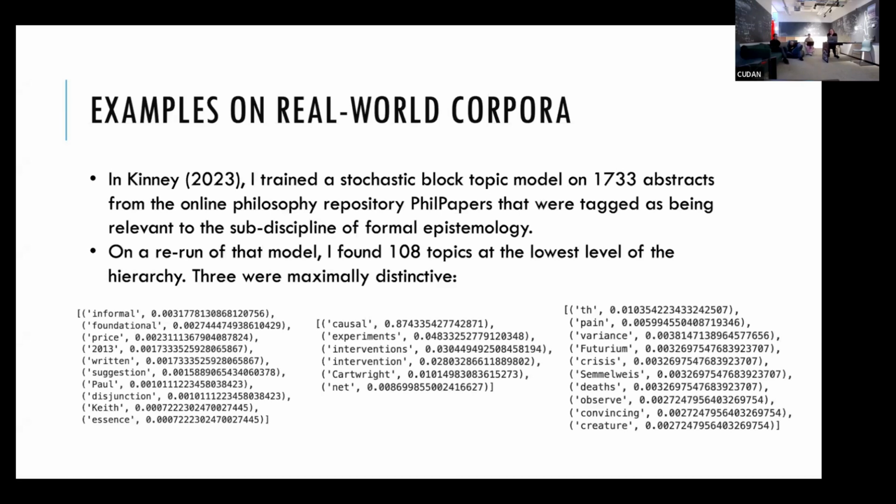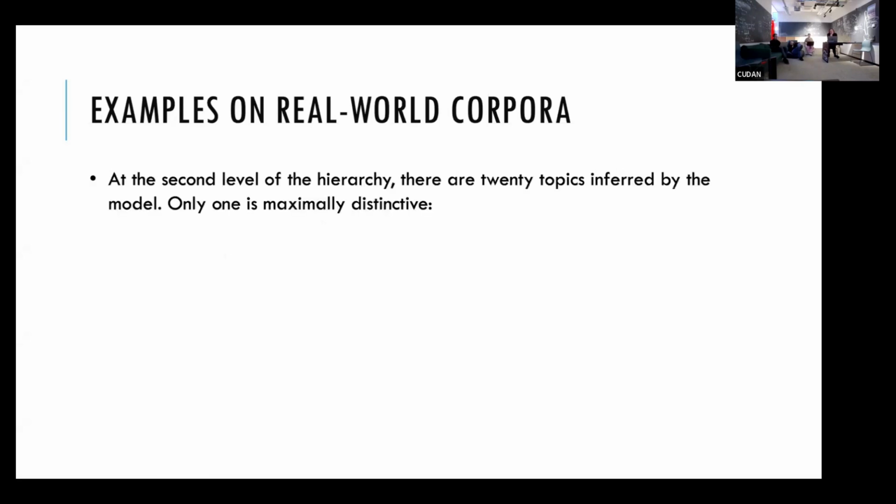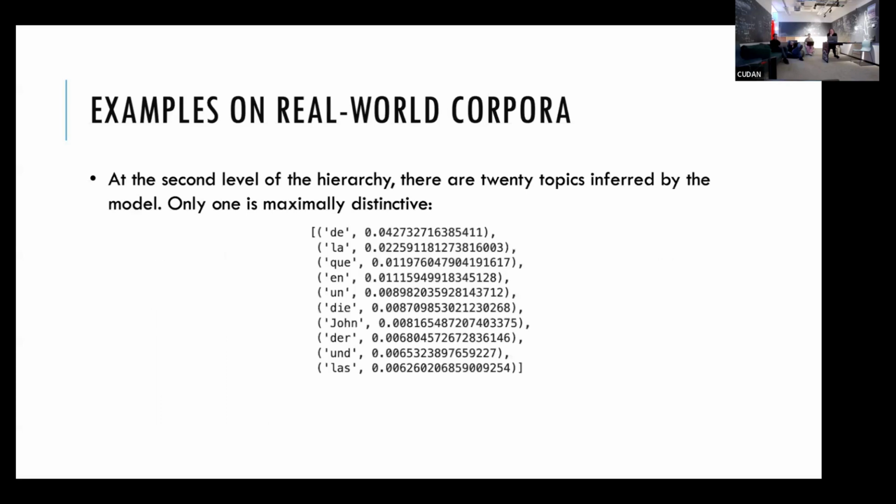Now, if you go to the next slide, to your Spanish topic, if you have 108 topics, the 1,733 plays in your favor, because 1,733 abstracts is totally something one could read, at least the titles of the papers. So you probably know how many Spanish abstracts are in your data set.